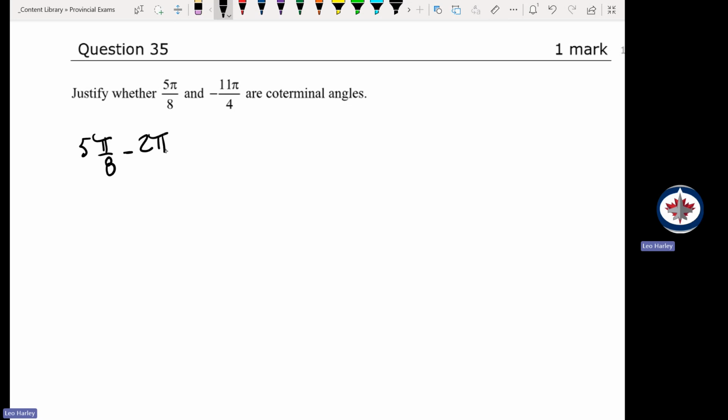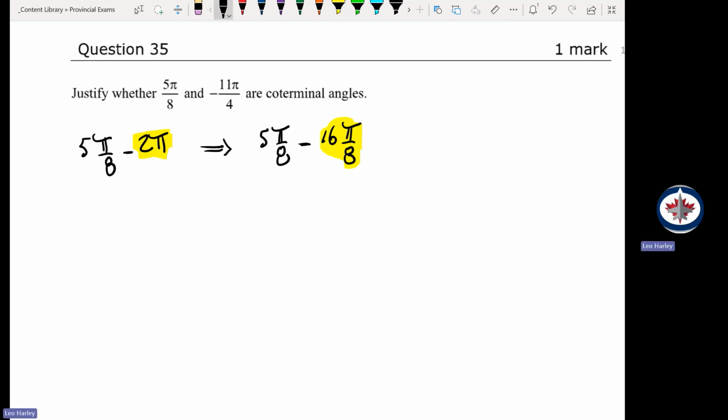That's just what my brain thought. So I start off with 5 pi by 8, and if I go backwards 2 pi, wouldn't that be 16 pi by 8? Yeah. I mean, no. But if I was going to convert 2 pi into pi by 8, yeah.